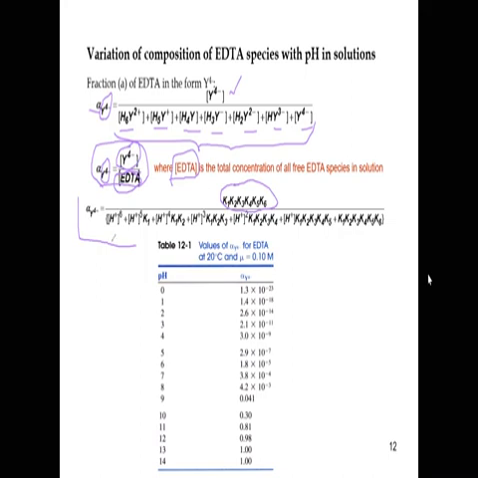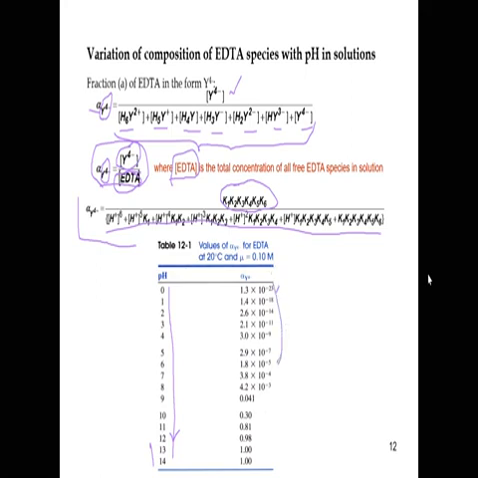If you know K1 through K6, and if you know the pH, you can definitely calculate alpha 4, the fraction of alpha 4. Now look here: the pH value increases from 0 to 14, really basic conditions at this end. When the pH is very close to 0, the concentration of alpha 4 is almost negligible, right?